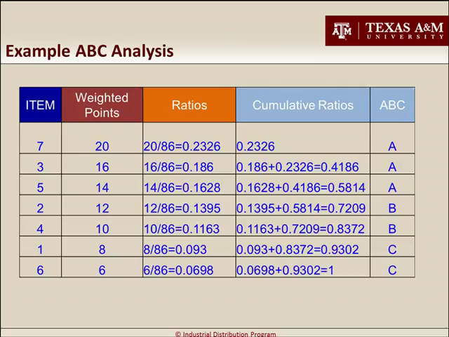Similar to the earlier classification, we are going to calculate a ratio and the cumulative ratios, right? The total weighted point is 86, so I'm dividing everything by 86 to get the ratios, and then calculating the cumulative ratios.